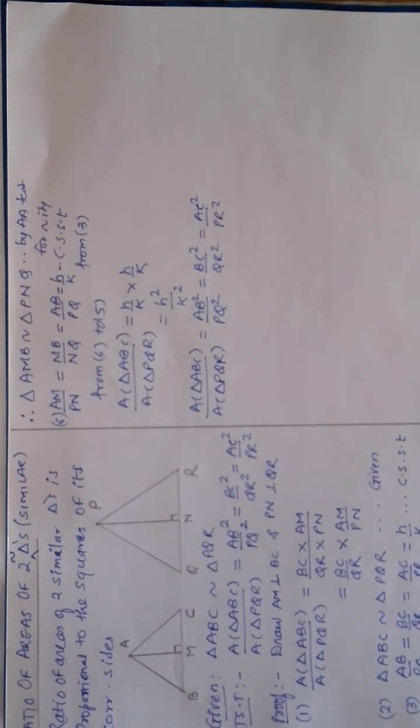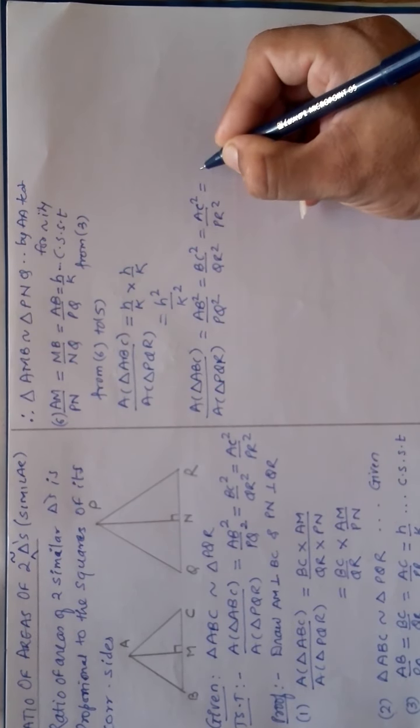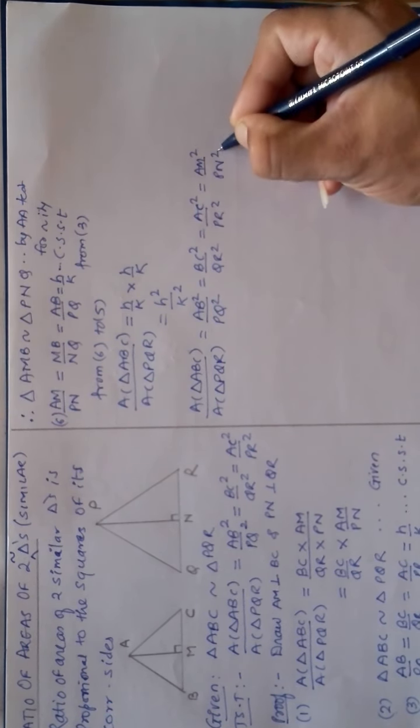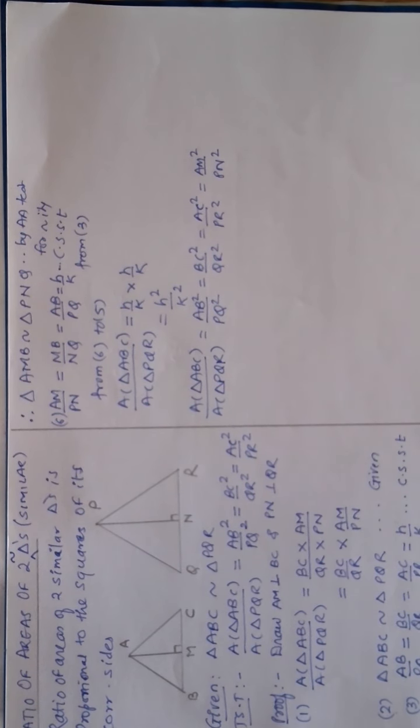But one more thing I got, it is also equal to the ratio of squares of heights, that is AM square is to PN square. So the ratio of areas of two similar triangles is not only proportional to the squares of its corresponding sides, but also to the squares of its corresponding altitudes.